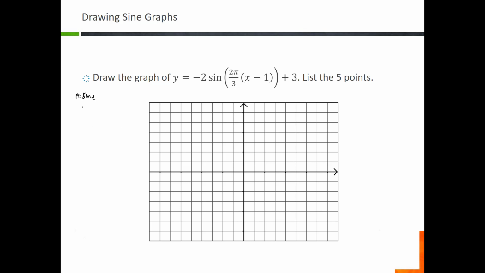Okay, the midline is at y equals k, which in this case, k is 3. So if we just go in normal tick marks, 1, 2, 3, somewhere on this line, that's the middle of my graph, y equals 3. Once we do the midline, let's look at our amplitude.